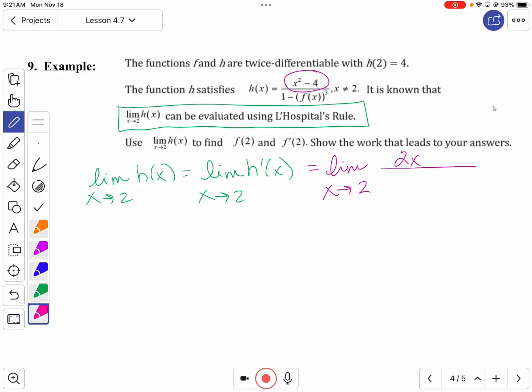On the bottom, derivative of 1, zero, it's subtle. And then minus f of x cubed. So I'd get a minus 3 f of x squared. Is that all? No. Times f prime at x.